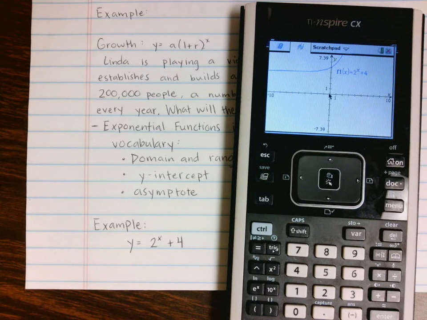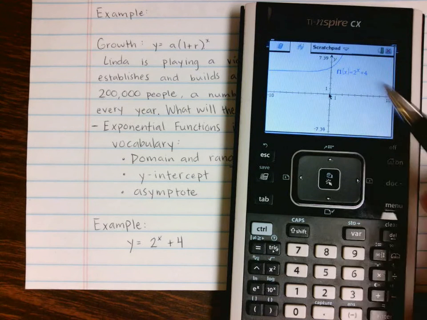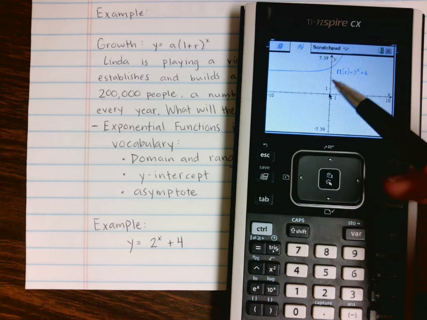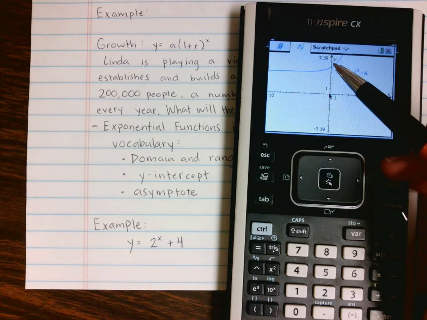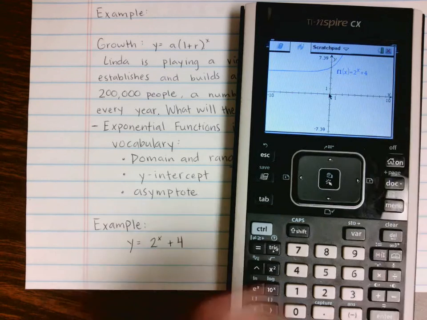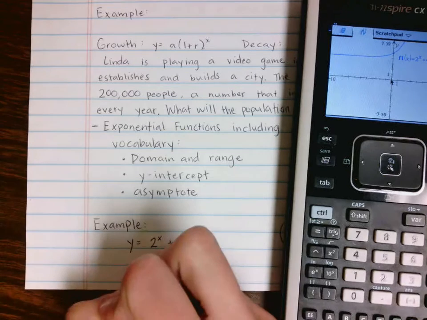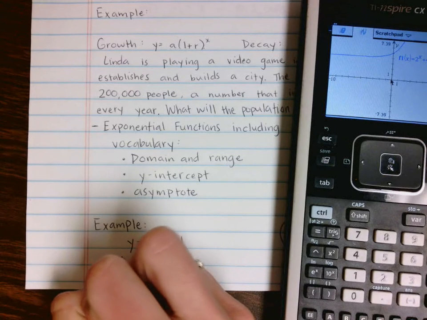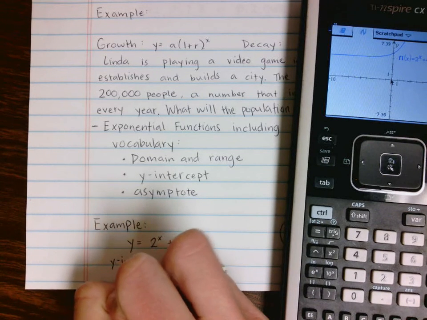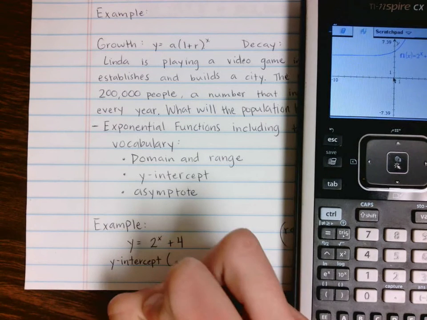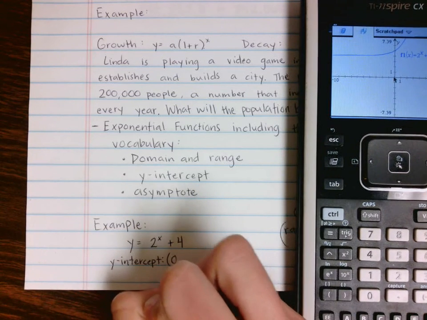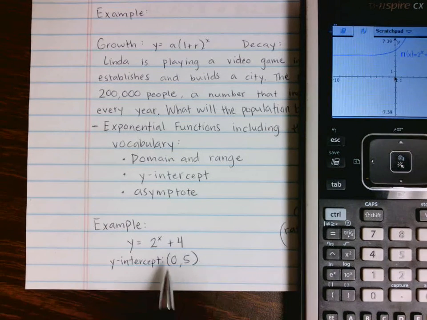Well, in the parent function, the y-intercept is at 1. So it's going to shift it up to 5. So your y-intercept in this case is going to be 5. And what's our x value going to be? 0. So this means (0, 5). That's your y-intercept.